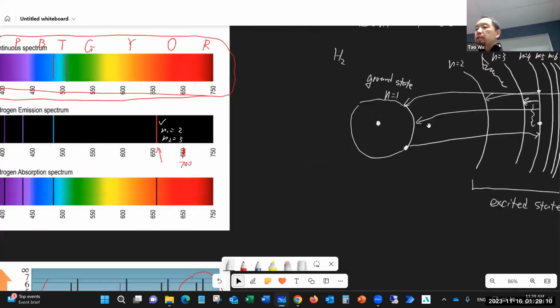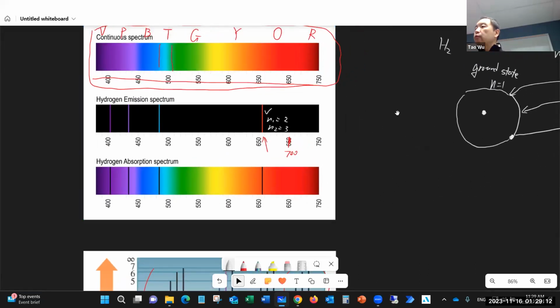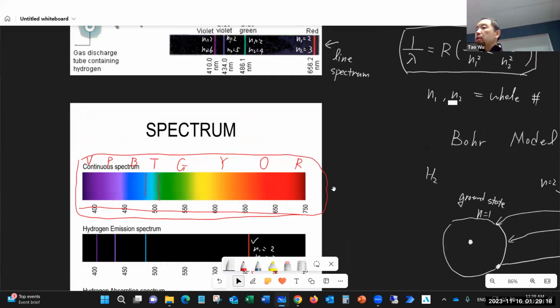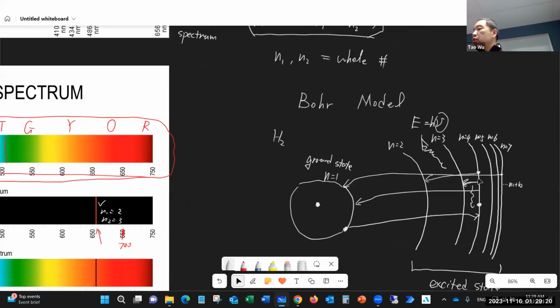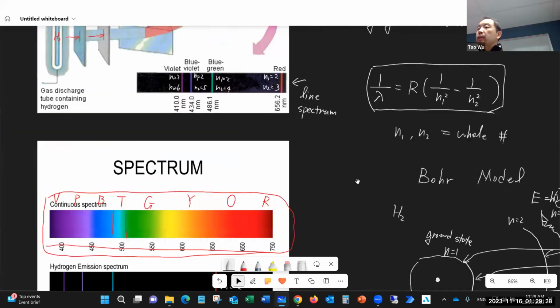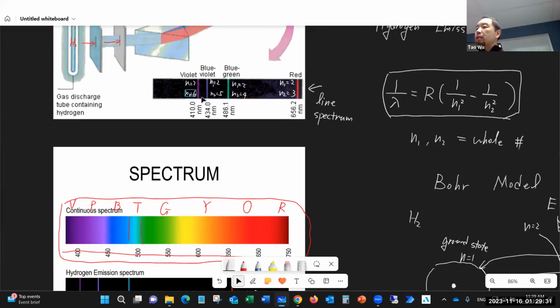And this also explains why for hydrogen we can only see the 4 lines show up there. Only the energy released when jumping from 4 to 2, 3 to 2, 5 to 2, 6 to 2 is energy that we can catch, with wavelengths fitting from 400 to 700 nanometer. That is why.